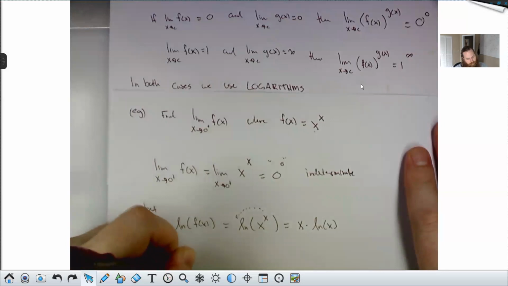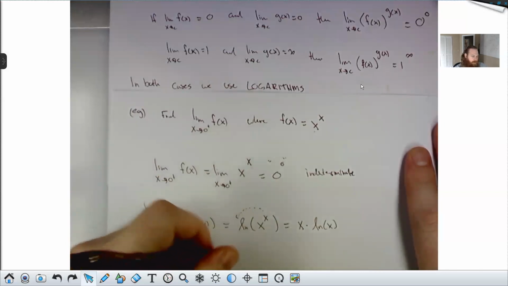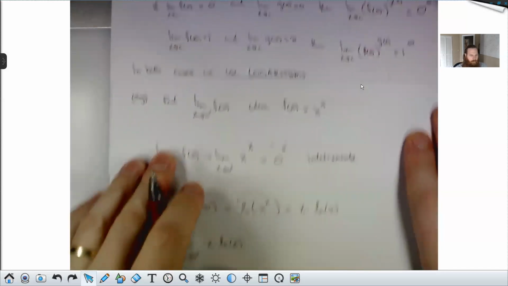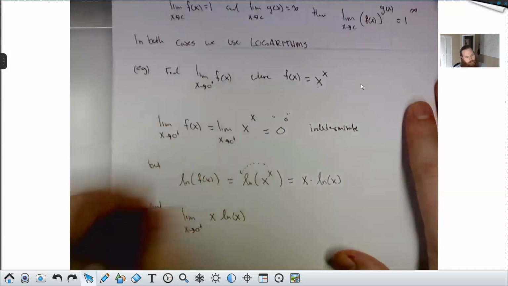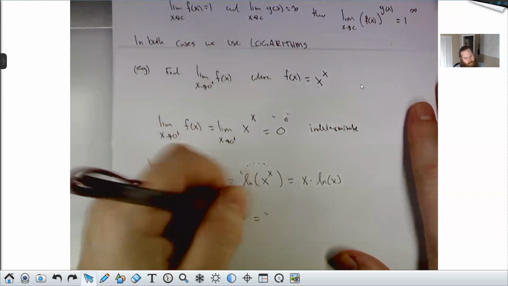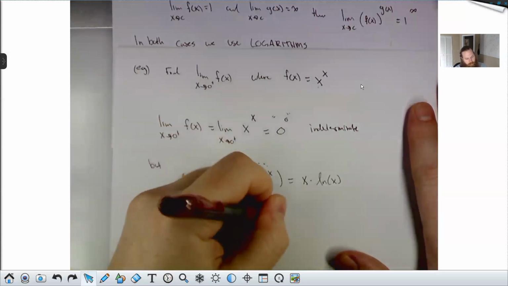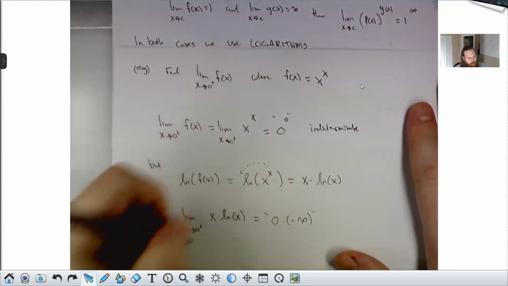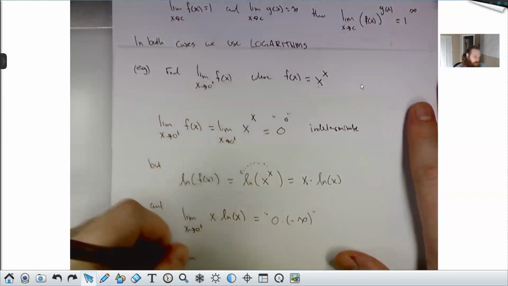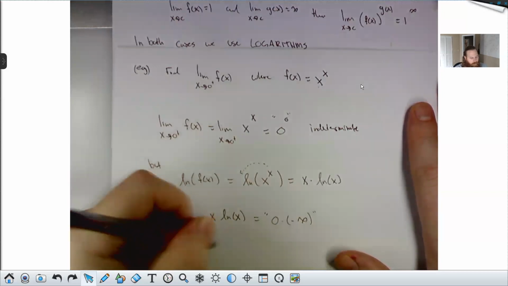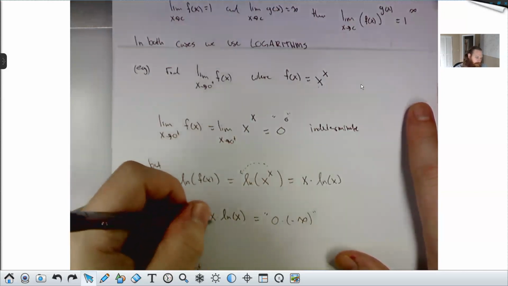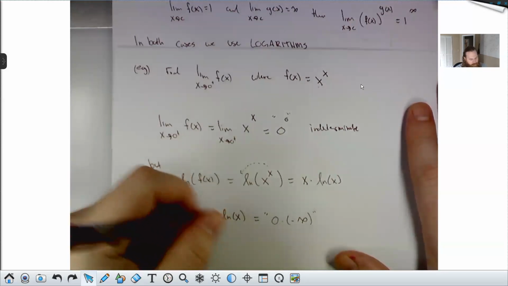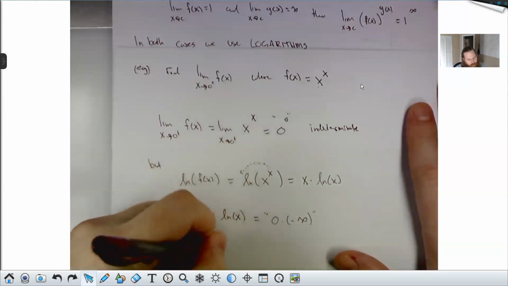Lim x to 0 plus of x times ln x. Oh, didn't we just do this one? We did, didn't we? This looks like 0 times negative infinity. So I can rearrange. Last time I left the ln x upstairs and shoved the x downstairs. I'll do it the same way this time because that's a little cleaner than doing it the other way.